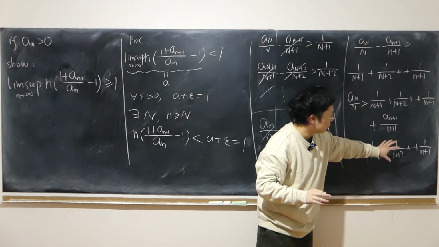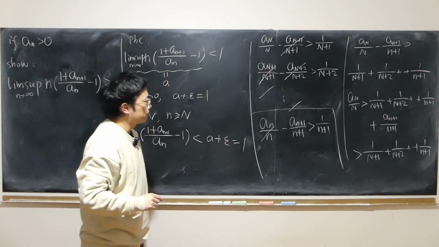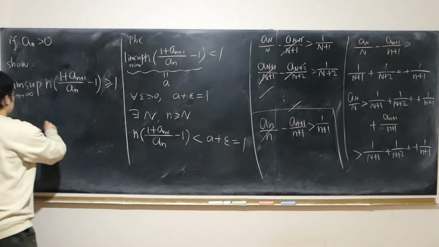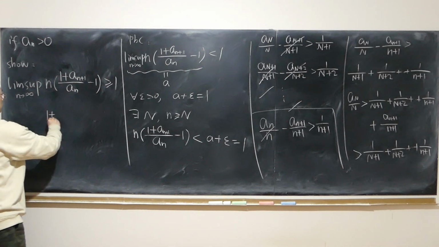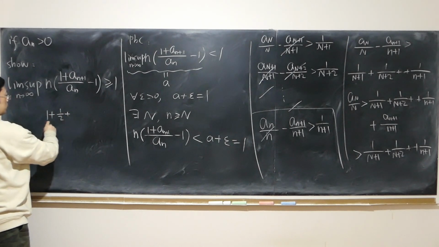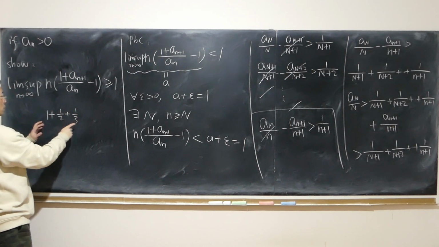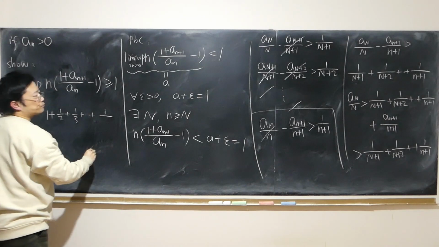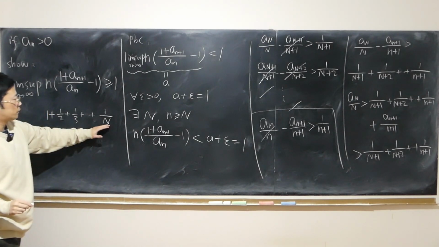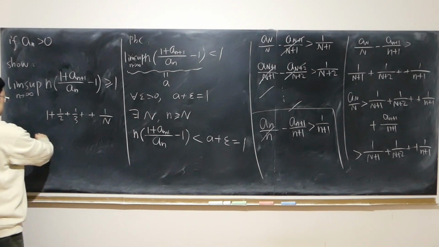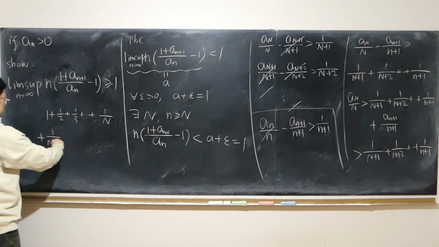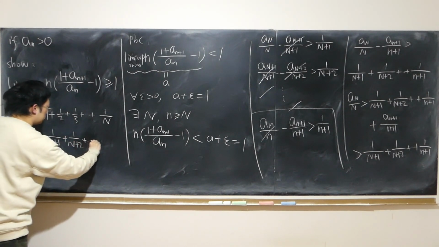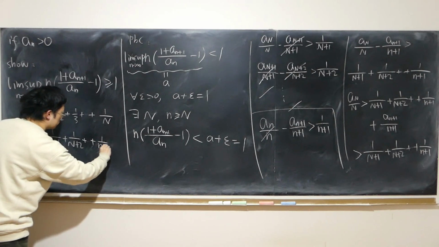What is this? It's the harmonic series. We usually start from 1, with reciprocals of the whole numbers. Here is the fixed capital N, then capital N plus 1, capital N plus 2, up to little n plus 1.